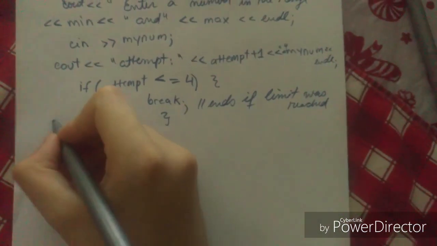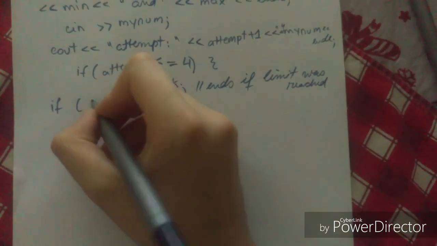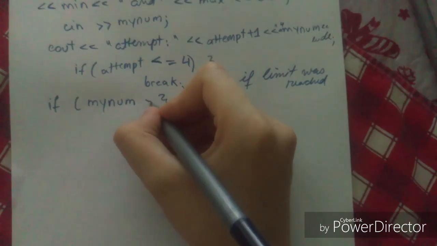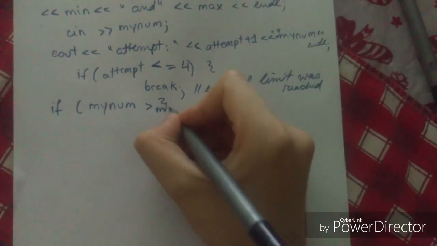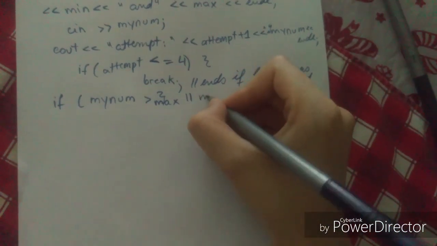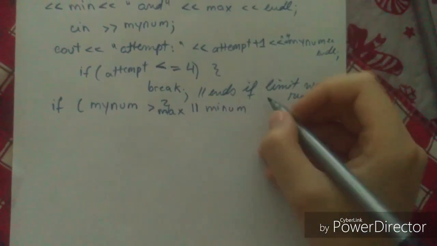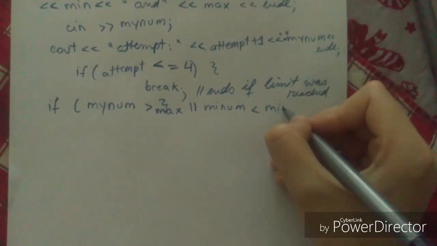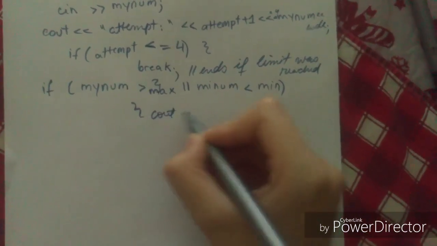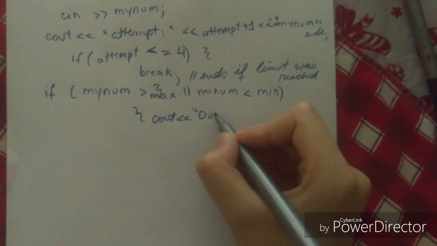So now we're going to say if mynum is greater than max, or mynum is smaller than min, cout out of range.